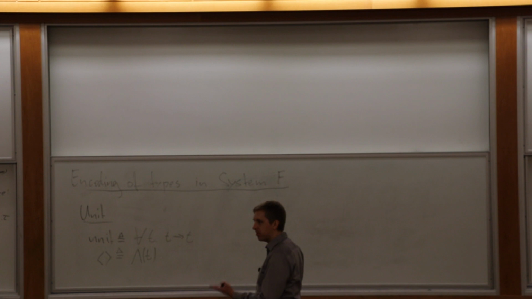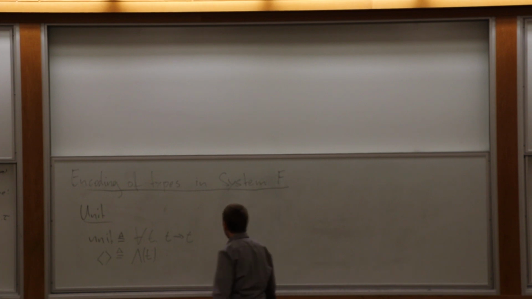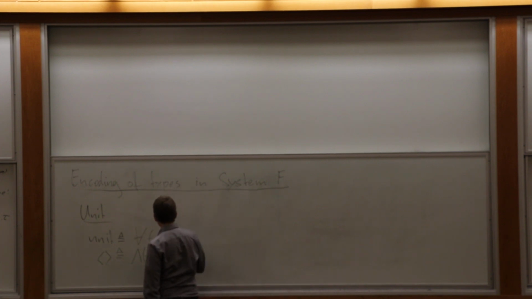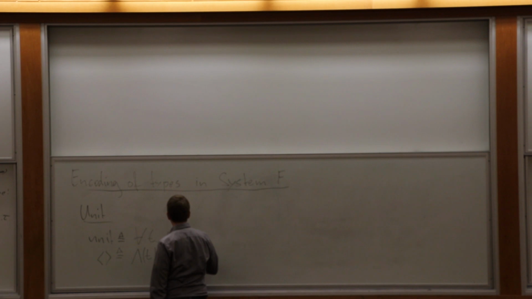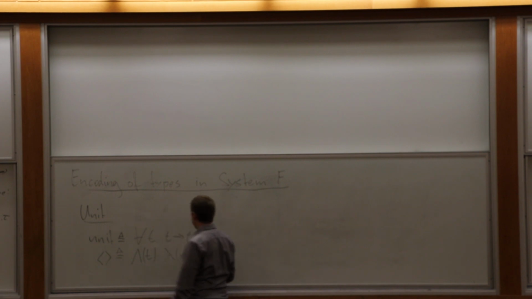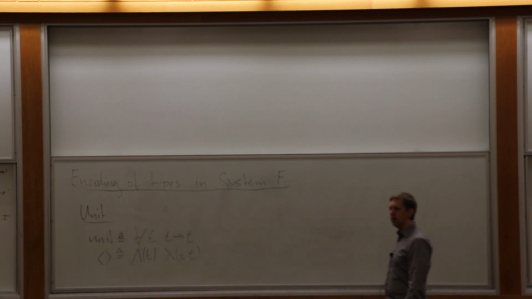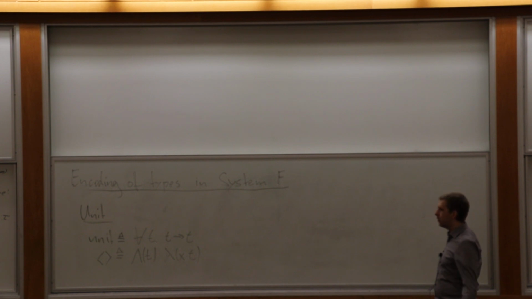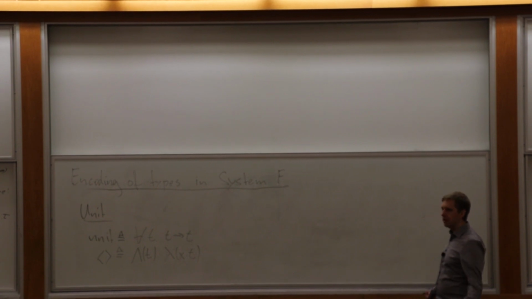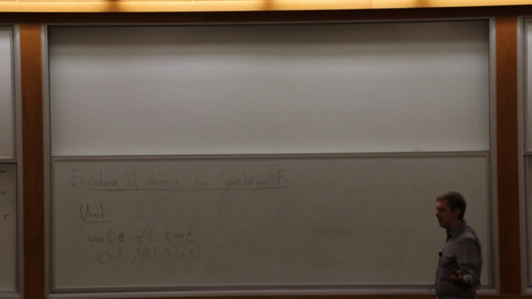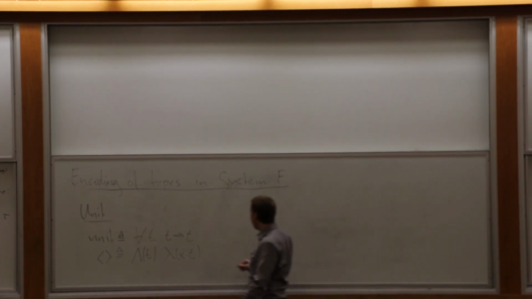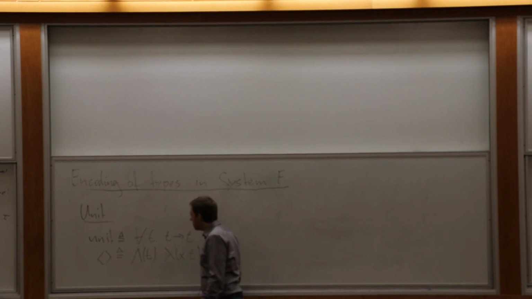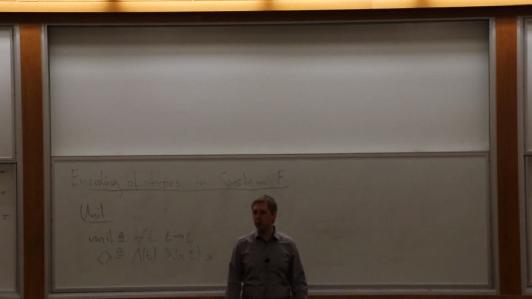We have to use a small lambda because we have the arrow. There's no other way. The argument has to have type t, and then we have to return something of type t: x, and there's really no other way.